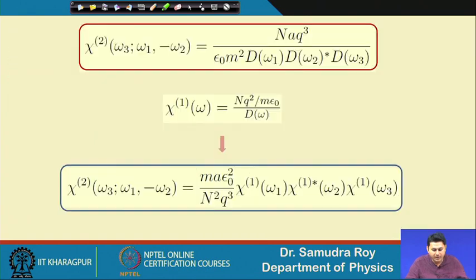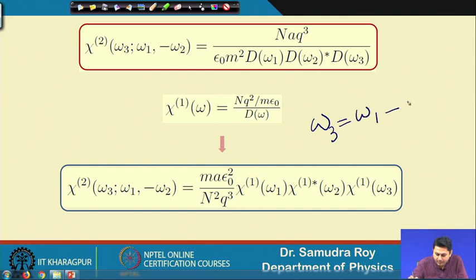So, if I go back, this is the second order susceptibility. I try to find out what is the value of the second order susceptibility at a particular frequency. This particular frequency is ω3. The ω3 frequency can be figured out by ω1 and ω2. In our calculation, we consider ω3 is ω1 minus ω2, that was our consideration.